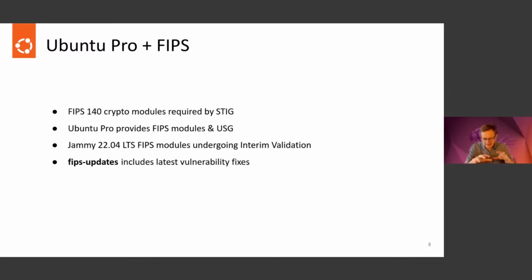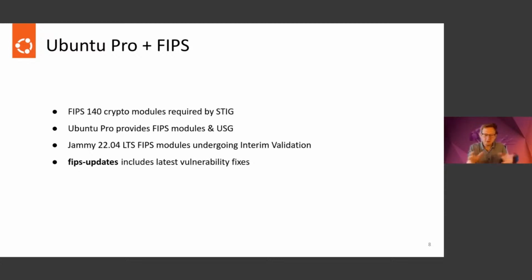So Ubuntu Pro is not a different version of Ubuntu. It's regular Ubuntu that you can just download and use, but Ubuntu Pro is an extra set of packages which we make available once you've signed up. One of these sets of packages is the Ubuntu Security Guide, like I mentioned. We also make the FIPS 140 certified crypto modules available, plus some other capabilities, which I'll mention in a second.